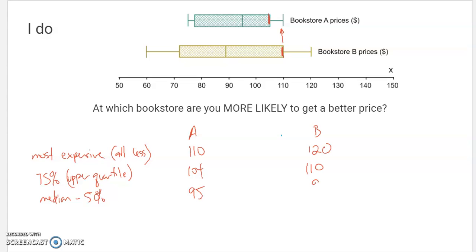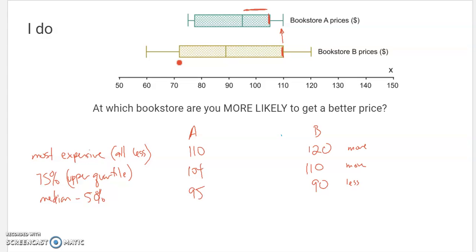Now store B is only 90. So at first it was starting to feel like store B was more expensive because it was more here and it was more here. But now store B is looking like it costs less at the median. So there's a lot of books in store A right here. 1/4 of their books are between $95 and $105.